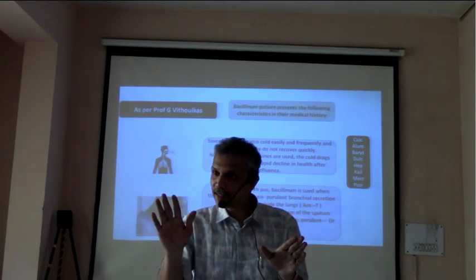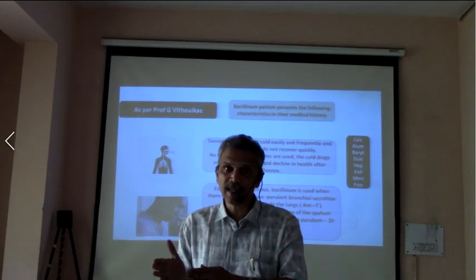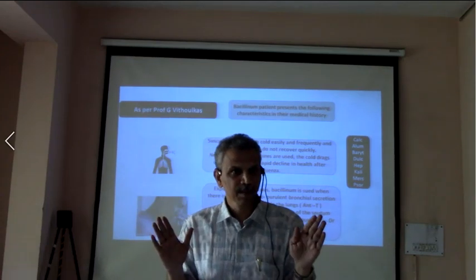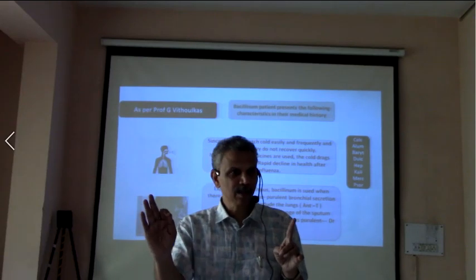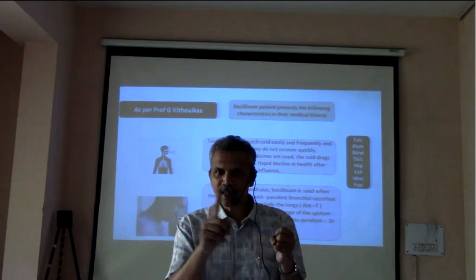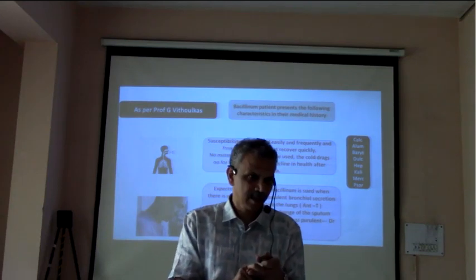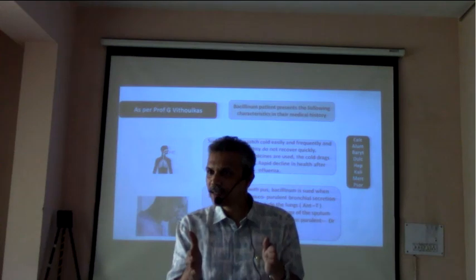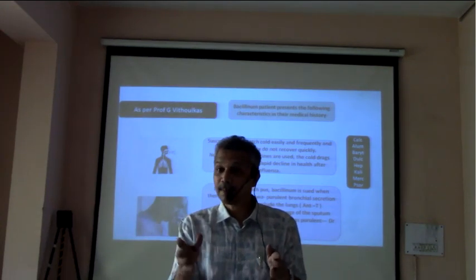So to understand the next class, today's class understanding is very, very important. So the remedy is Bacillinum Burnett, and there are 3 areas where you see it predominantly acting. Priority is given to the lungs, second is skin, and third will be the glands. And how do they look physically? They look very lean, thin, emaciated, malnourished.